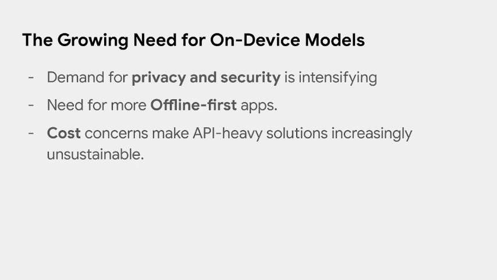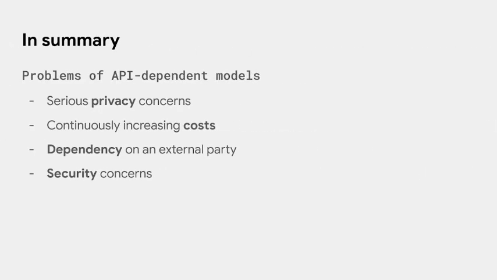More and more people start taking their privacy and their security very seriously. So that's the first point. There's a need for offline-first applications that can work without internet. The third point is API is costly. So that alone can account for reasons to try to shift towards on-device models.